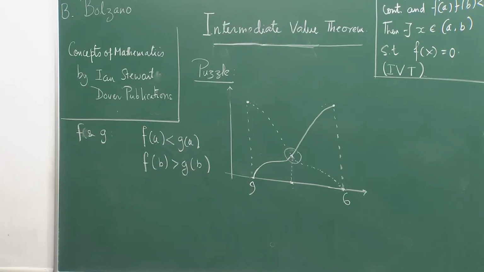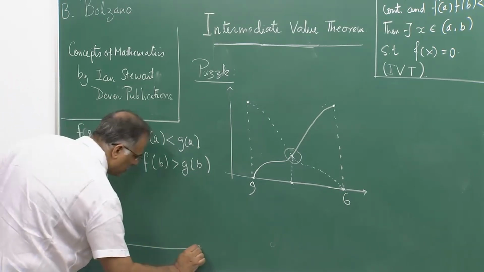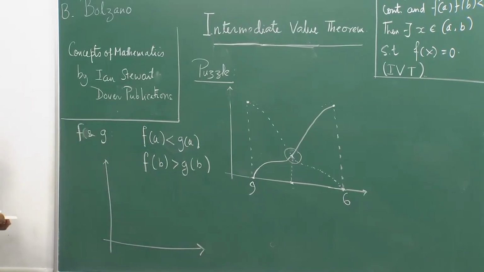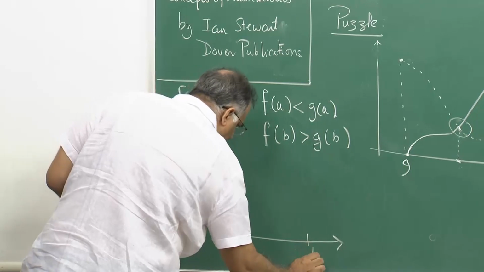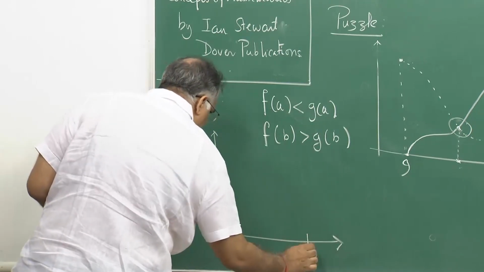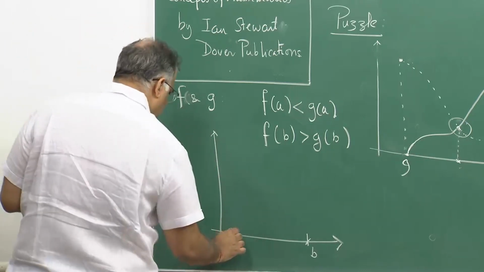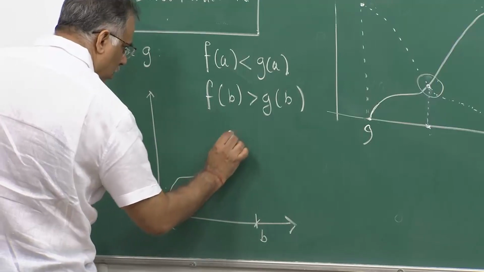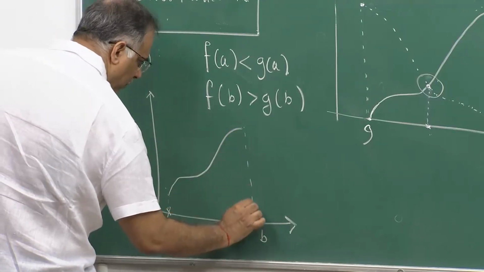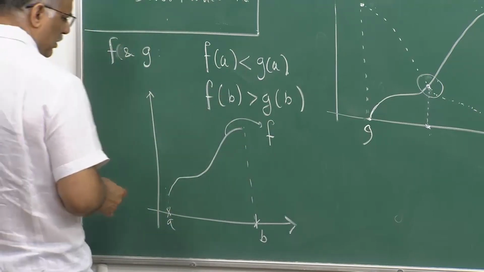So, let me just draw the graph of this here. If two functions, say between a and b, so here is my a and here is my b, right, f a and f b. So, the function value at a, suppose this is my f, the graph of my function f x.